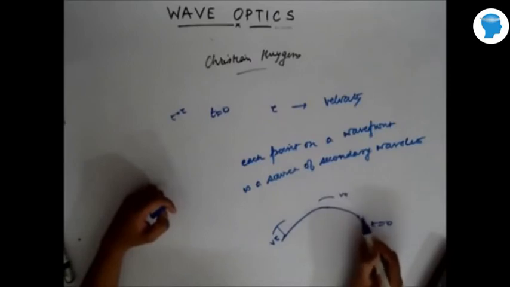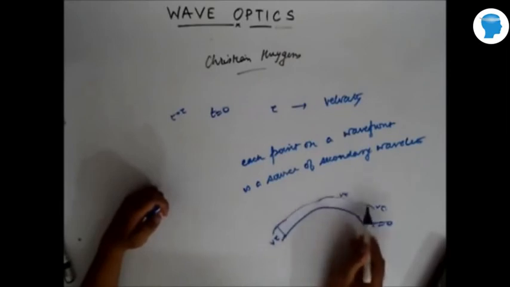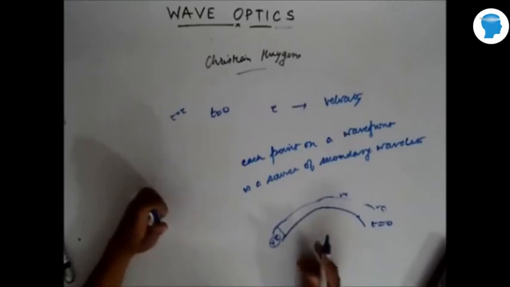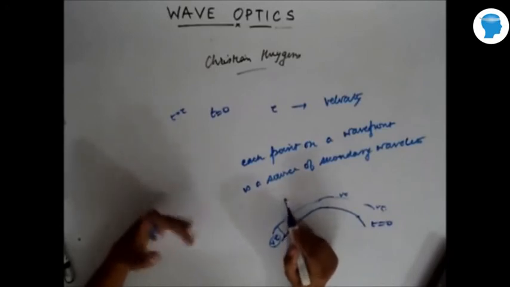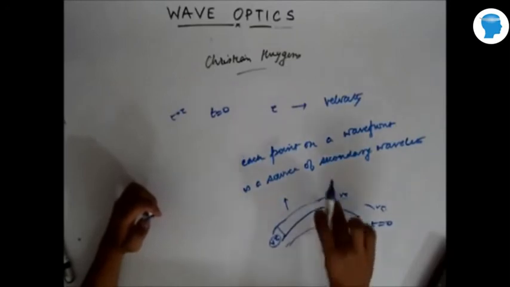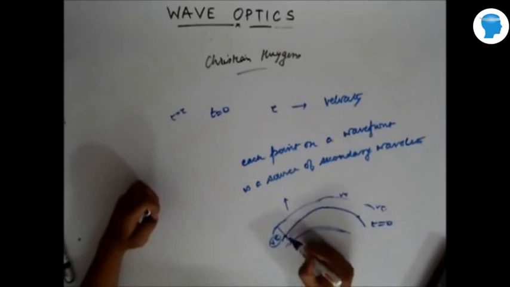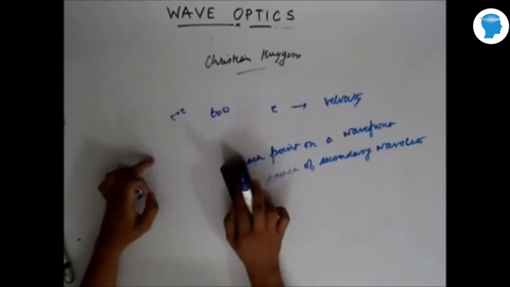Here I can cut an arc of v tau. Now if I join the common tangent to all these arcs, then I get the shape of the wavefront after a particular time tau. Remember, here I know the direction of the wavefront, that the wavefront is traveling in this direction. If I don't know the direction of the wavefront, then I can get two cases, a wavefront like this and a wavefront in this direction also. Okay, fine. So this was what Christian Huygens said, and this is known as the Huygens principle.